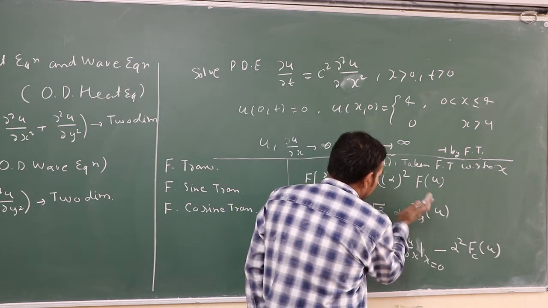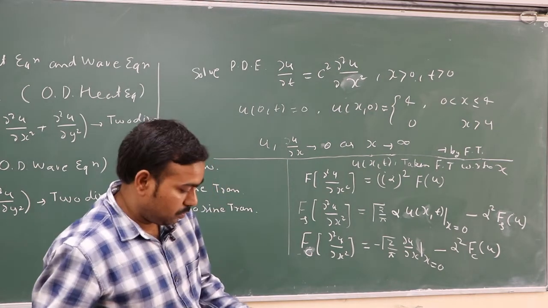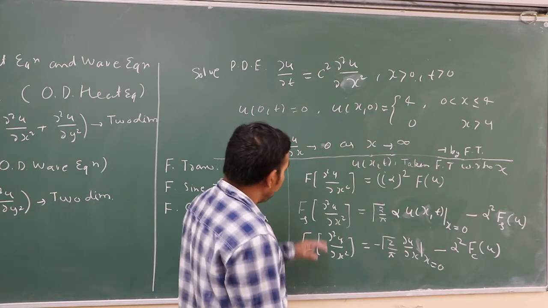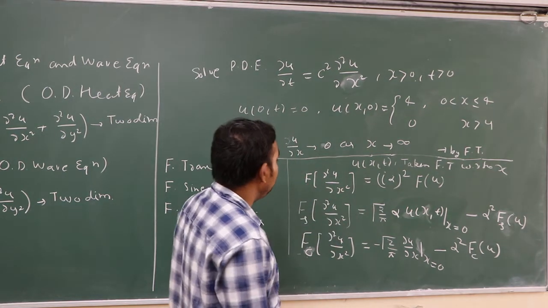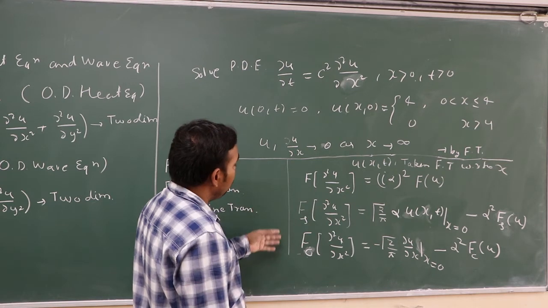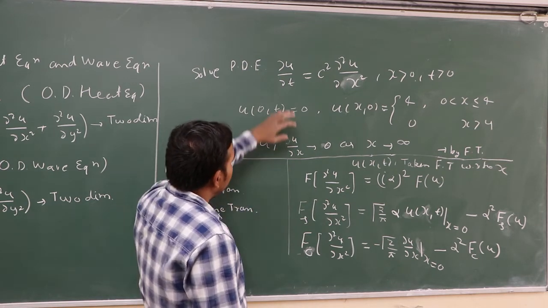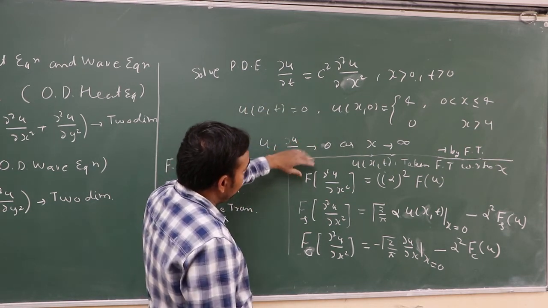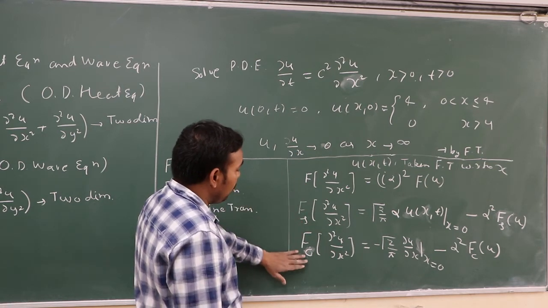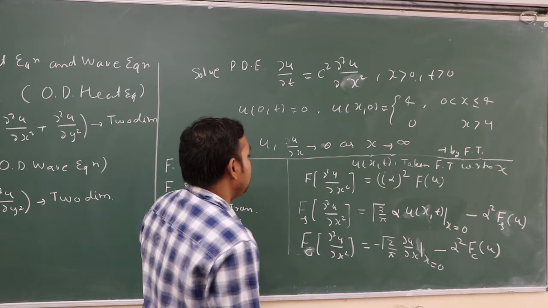So we have these Fourier transforms. How do we say that a problem is solved with the help of the Fourier transform, Fourier sine transform, or Fourier cosine transform?